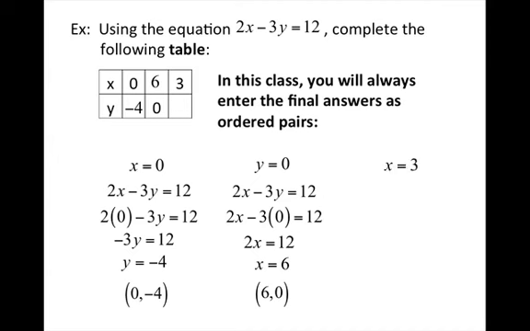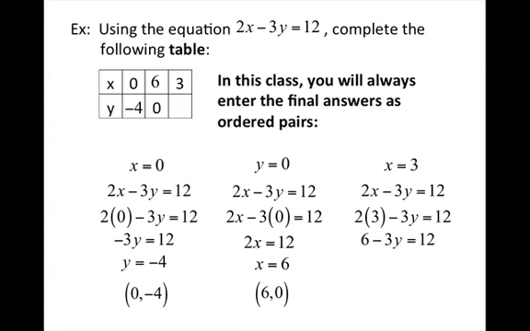And then finally, x equals 3. So start with the equation 2x minus 3y equals 12, and I'm going to replace the x with a 3. So I have 2 times 3 minus 3y equals 12. This gives me 6 minus 3y equals 12.